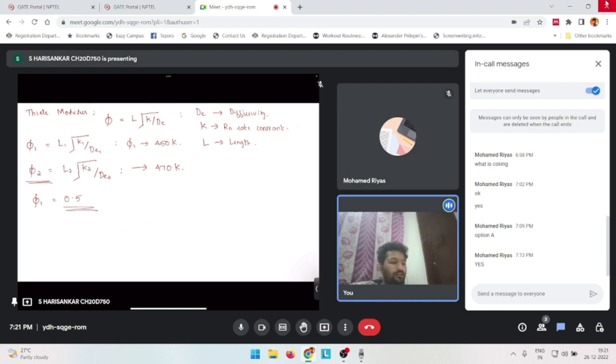Now other data that they have given is that L is constant because the length does not change with temperature, so L1 is equal to L2. Also they have given that your mass diffusivity is independent of temperature. That means dE1 is equal to dE2.